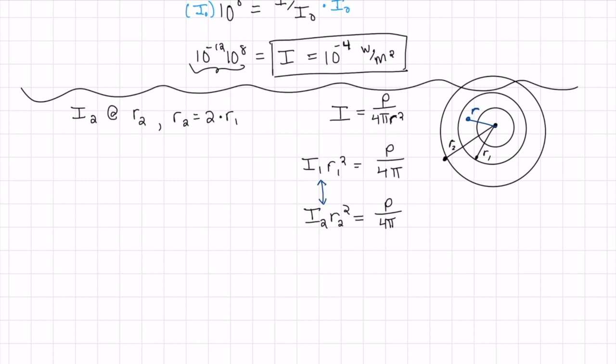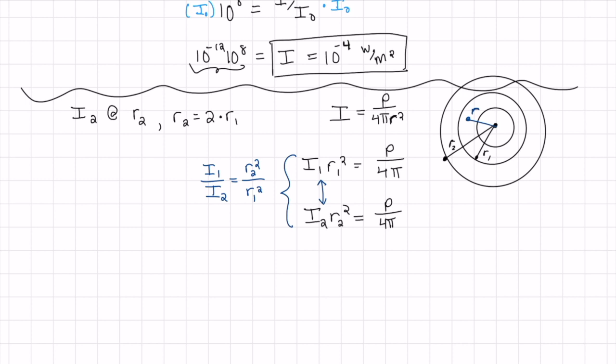And it gives us this nifty little equation, which is the ratio of I1 to I2 is equal to the ratio of R2 squared over R1 squared. So it's a nice shortcut if you have a cheat sheet.